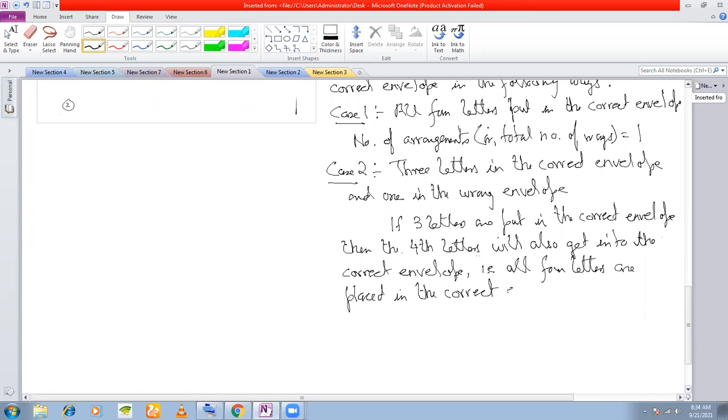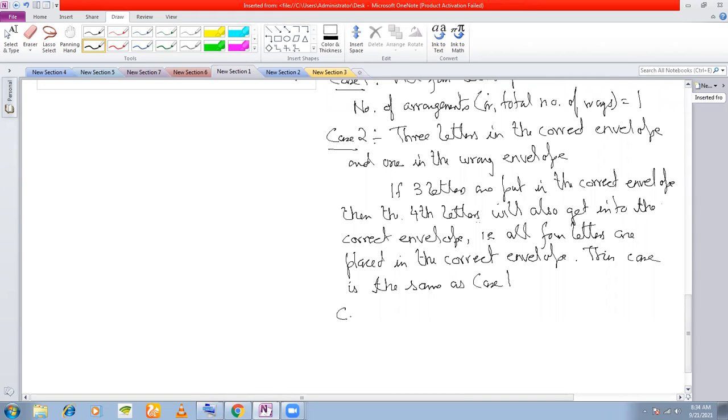So this case is the same as case 1, and it has already been considered under case 1.